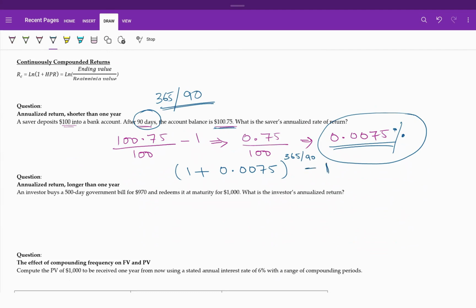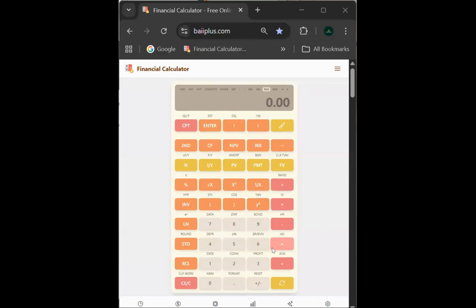Let me just calculate this using my calculator. How do we calculate these kinds of calculations? 365 divided by 90 is the power, the superscript. So let's start with 1.0075. This is one number.